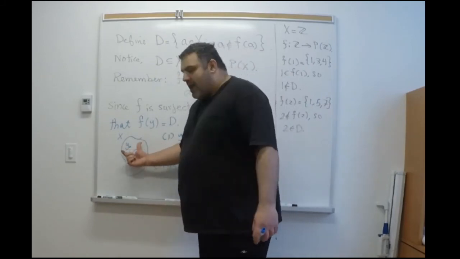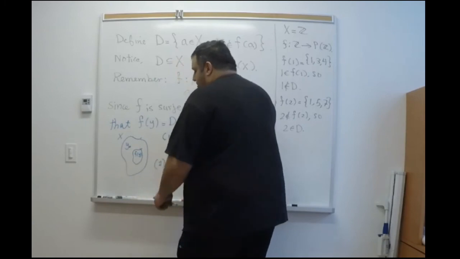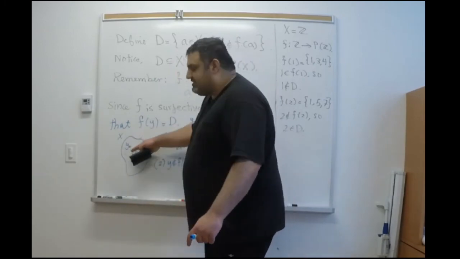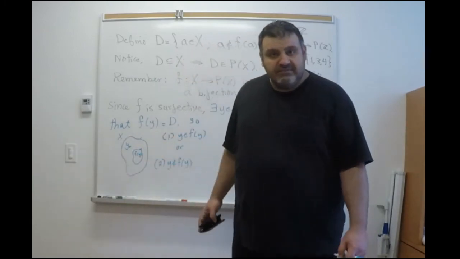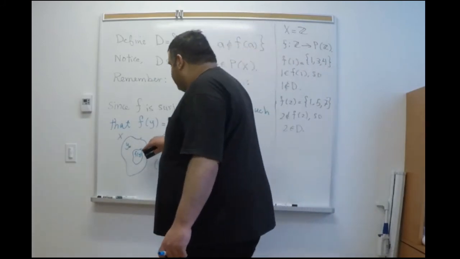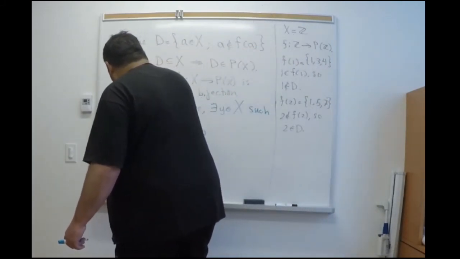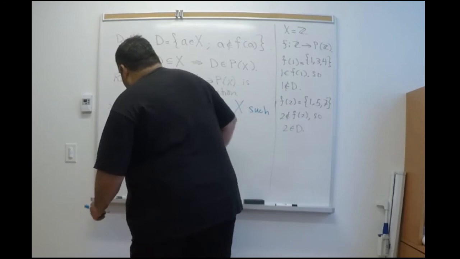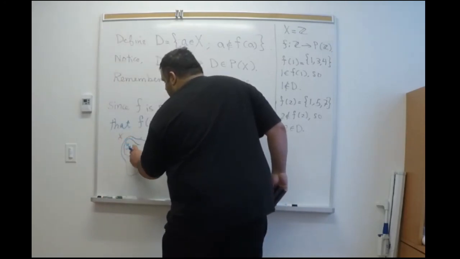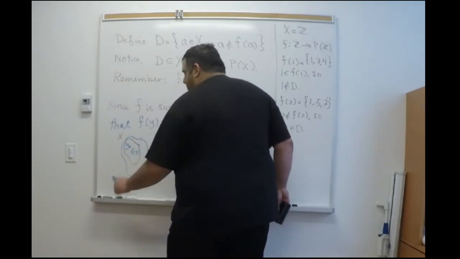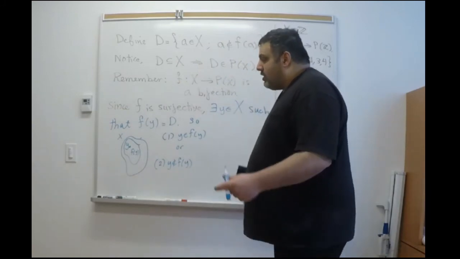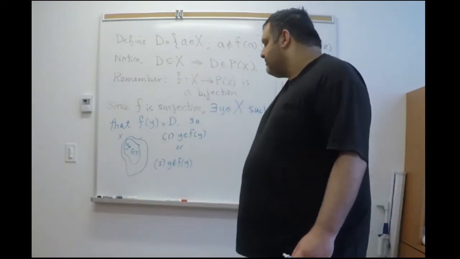Either this picture happens, or the other picture happens where y sits in f of y as an element. But one of the two has to happen. One of these two scenarios has to happen.